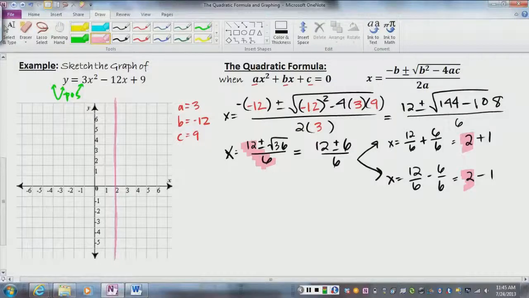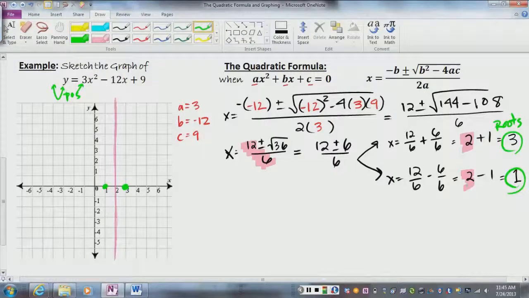We're going to add 1 and subtract 1 from that, and my roots are going to be 3 and 1. Okay, so my roots are at 3 and 1. The axis of symmetry is 2.